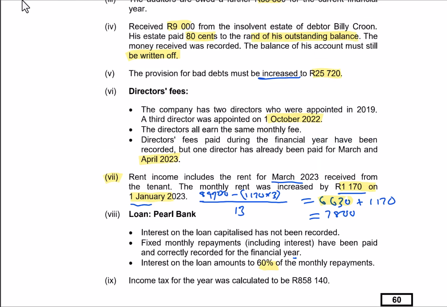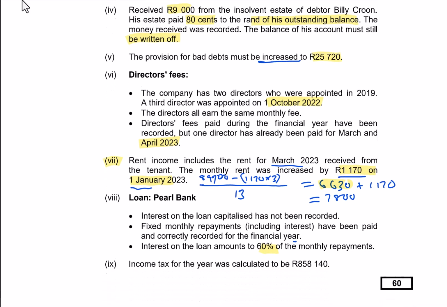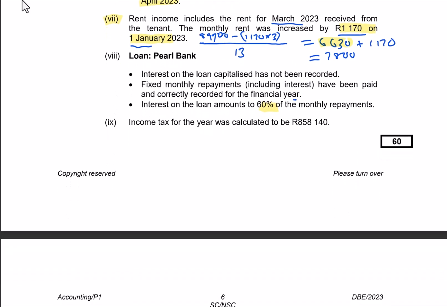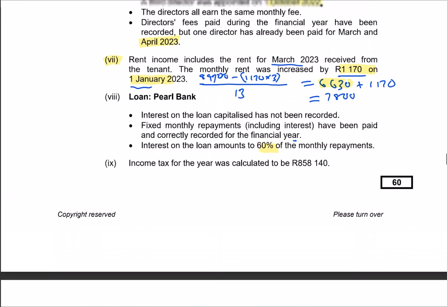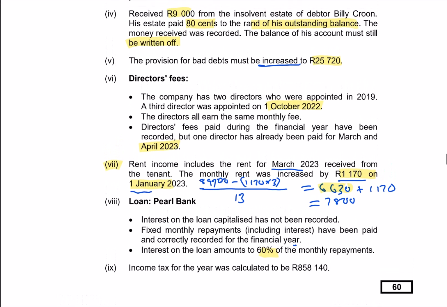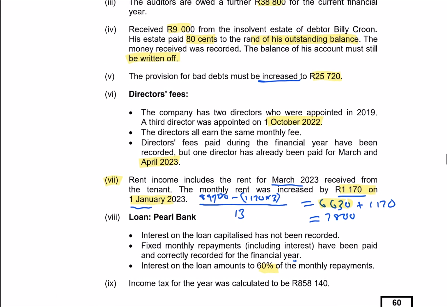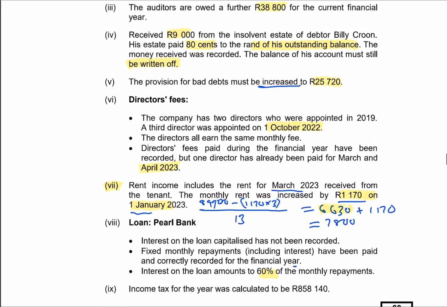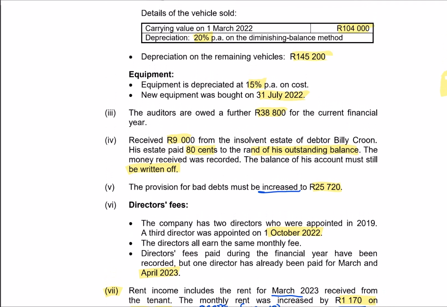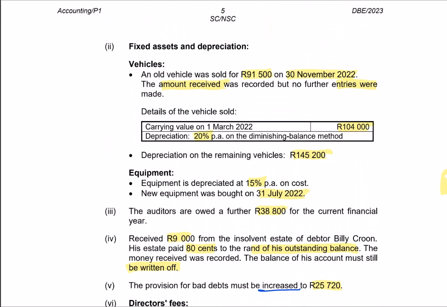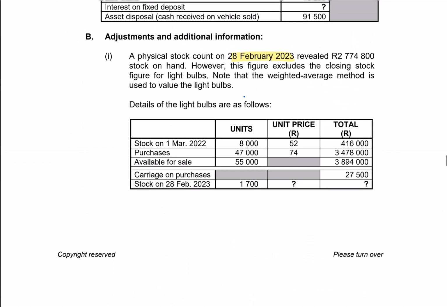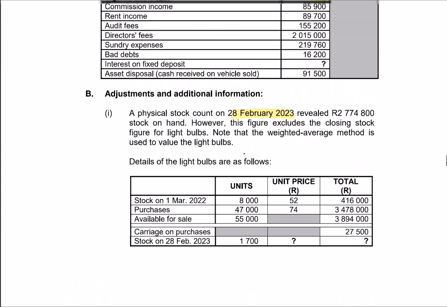If you come to salaries and wages, I don't see an adjustment for salaries and wages. Capital income, tax, director's fees, audit, equipment, no, not given.